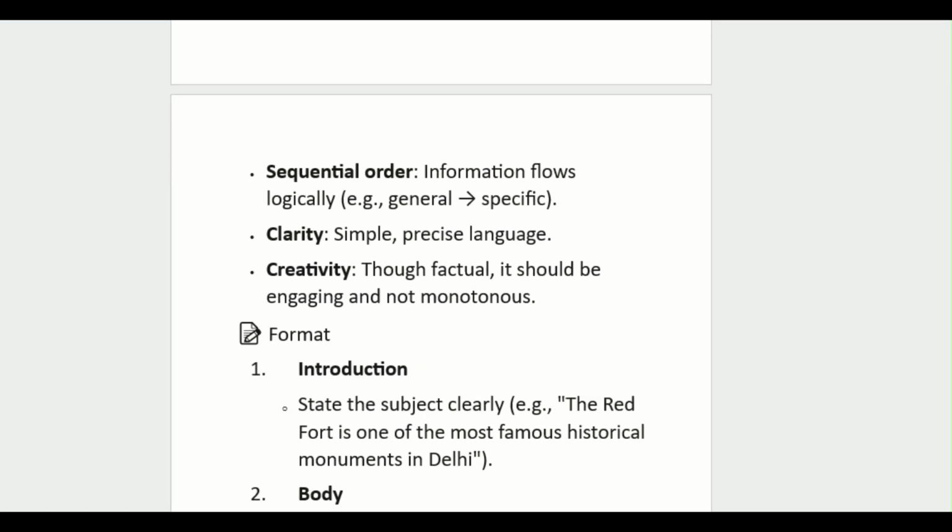Sequential order. A factual description must contain sequential order. What it actually means is that it should contain general facts along with specific facts. For example, if I am describing a person, I will include his or her height, hair color, eye color, etc. Now talking about the facial features: there are chances that two people can both have brown eyes, black hair and a height of 6 feet, but the facial features will not be the same in both, right?